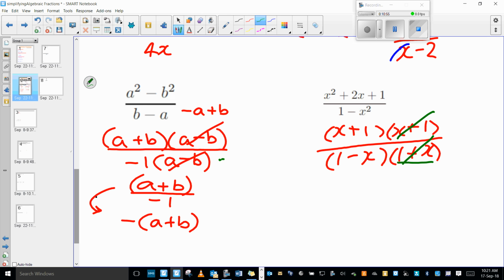Ready? So why don't you cross out both of the brackets? Because the rules of cancelling or simplifying is you can only cross things out the same number of times top and bottom. So it's only when you see it once.